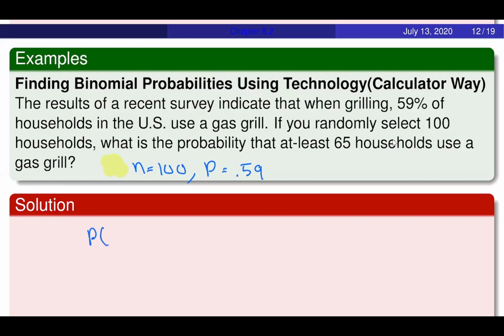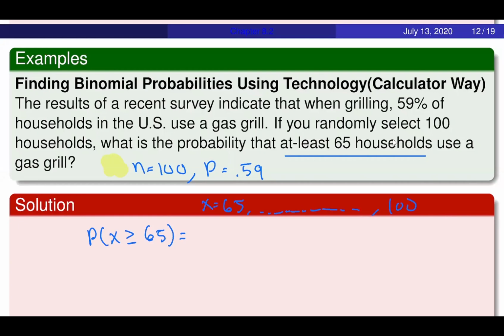All right, so if you look at this problem, we want to find the probability that at least 65 households have a gas grill. For this one, you really don't want to write it out. So we're going to say X is greater than or equal to 65. Your X value should start off at 65 and keep going all the way to 100.